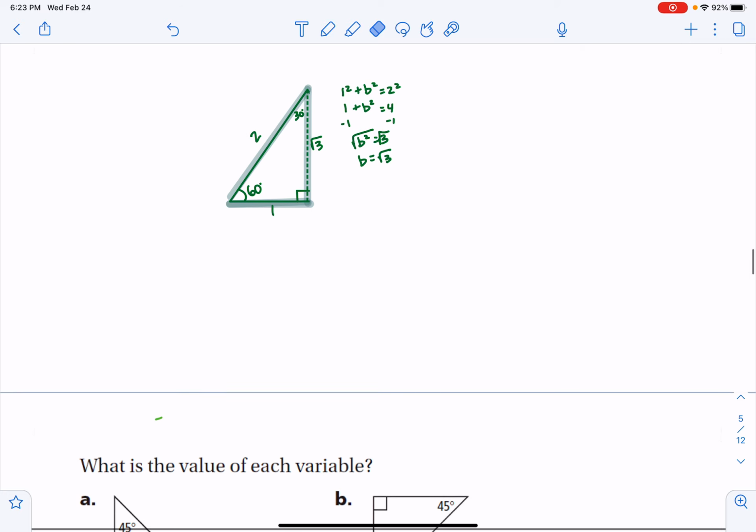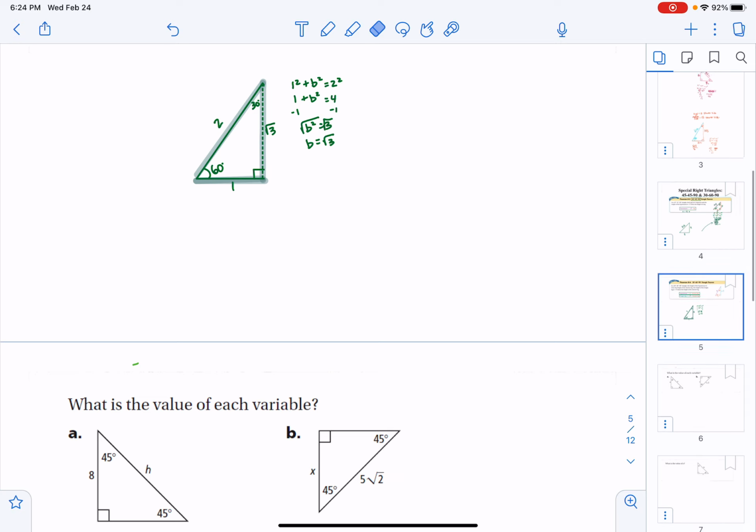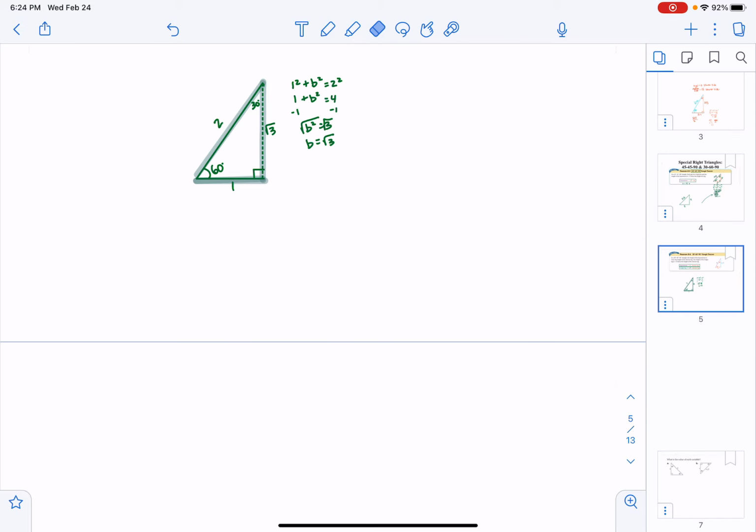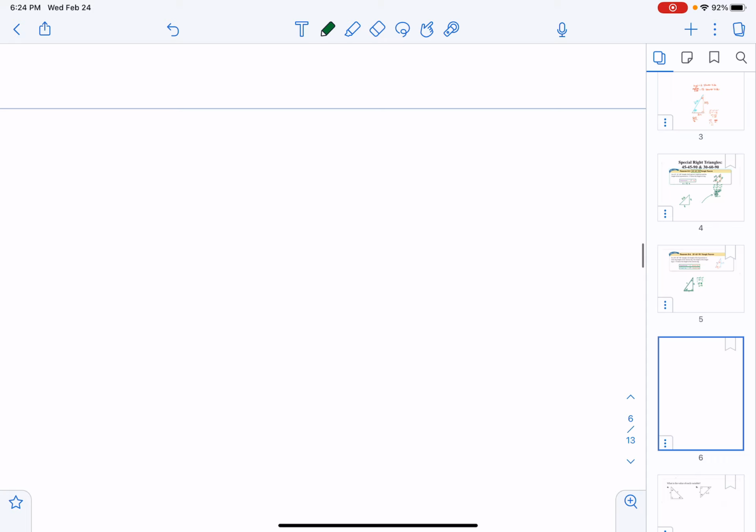So recap, these are our shortcuts. So if you have a 45, 45, 90 triangle, or basically an isosceles triangle, then your rule is if you take one side and you multiply it by the square root of 2, that's going to equal the hypotenuse.